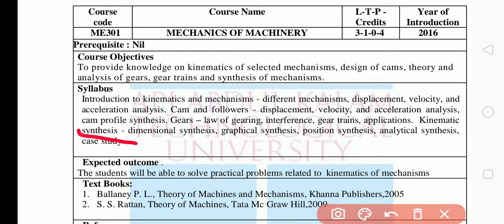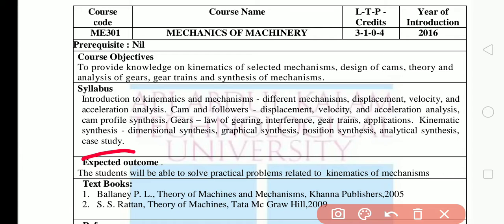So that is towards the last module we will study about the synthesis of mechanisms. So different types of synthesis are there, like dimensional synthesis, graphical synthesis, position synthesis, analytical synthesis, etc. So different synthesis means how we are making a mechanism, the procedure of making some mechanisms for a particular application. So that we will study towards the last two modules, and finally we will end the course with a case study.